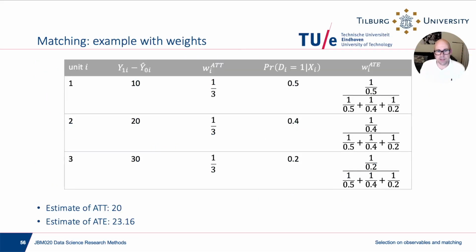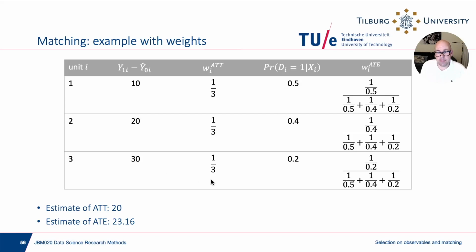To illustrate this a little bit, what we see here is an example with 3 units, unit 1, 2, and 3. Here I have the 3 estimates of the treatment effects at the level of these units. So again, these are treated units, so they have an outcome Y1I, and I subtract from this the constructed Y not I hat, and then I end up with estimates of the individual treatment effect of 10, 20, and 30.